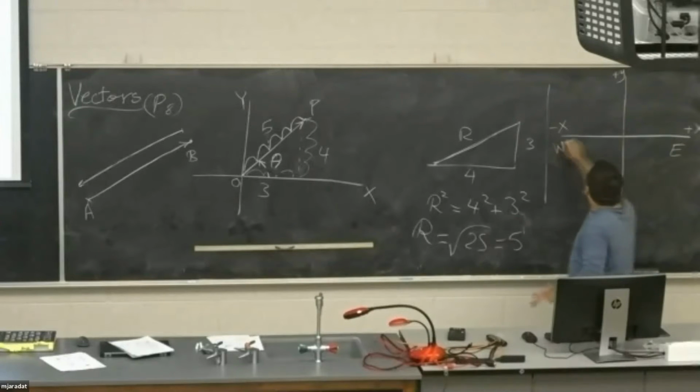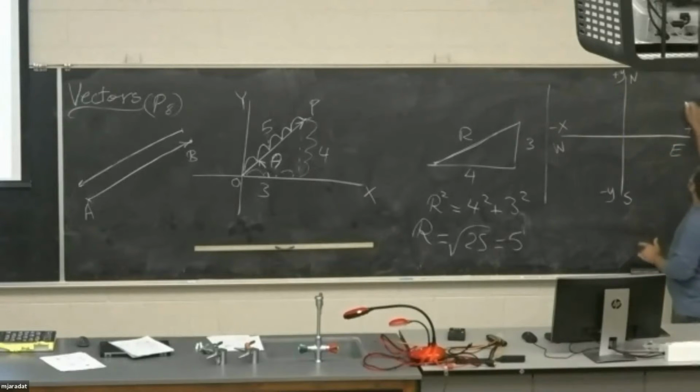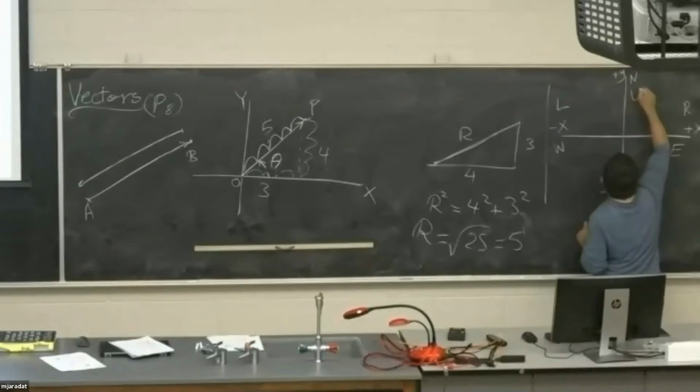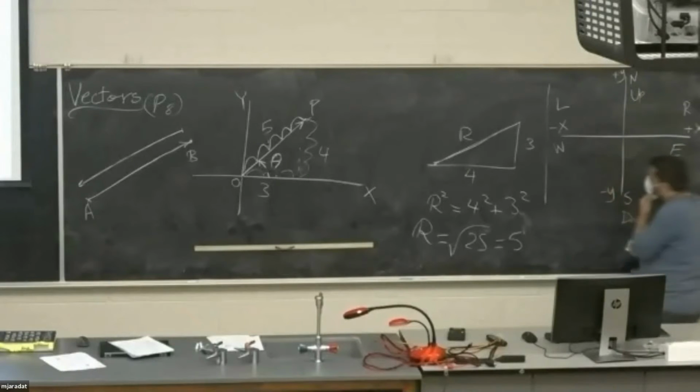This is west. This is north. This is south. When you see any question that talks about east, west, it is like this. Also, this is right. This is left. This is up. This is down. We are talking about 2 dimensions.